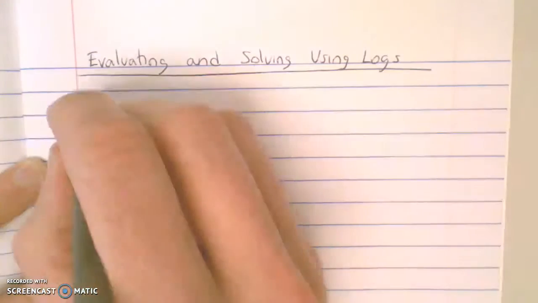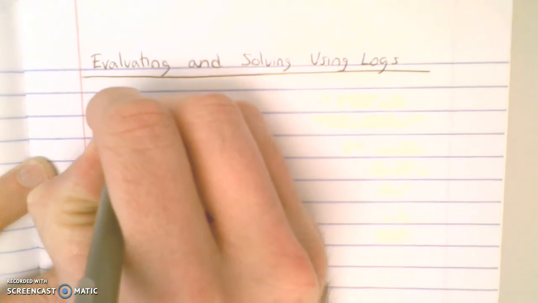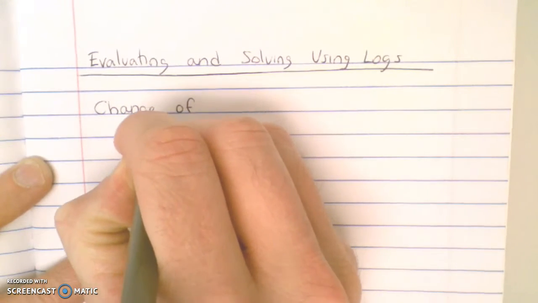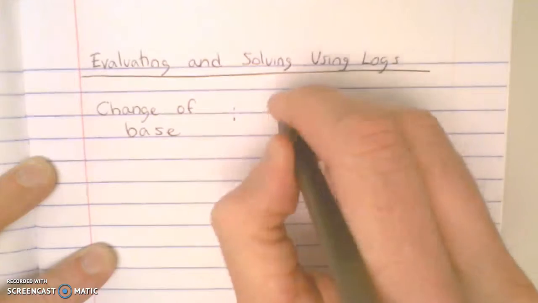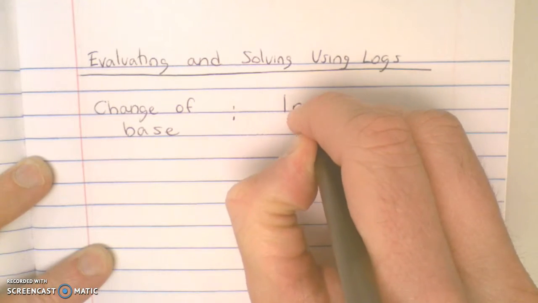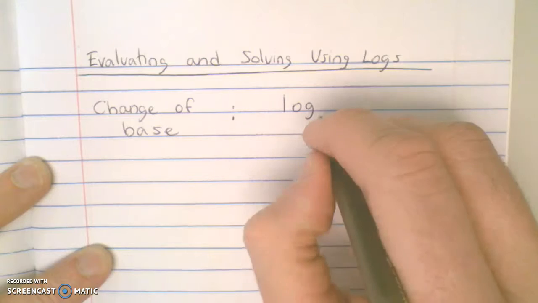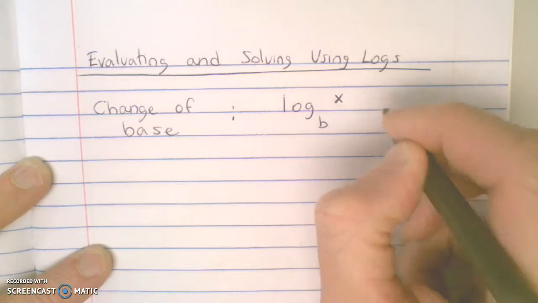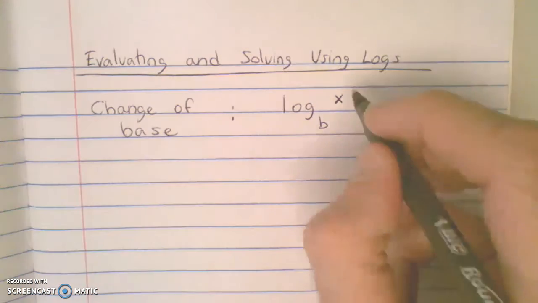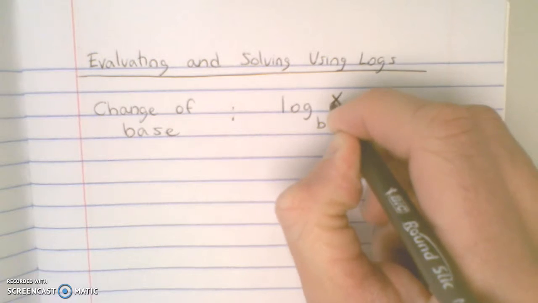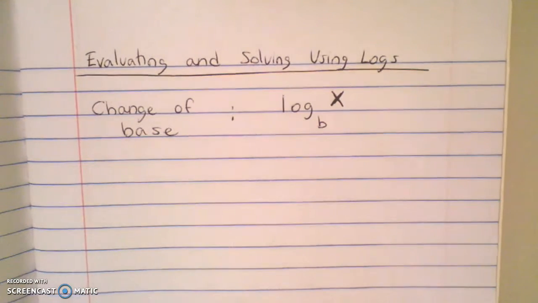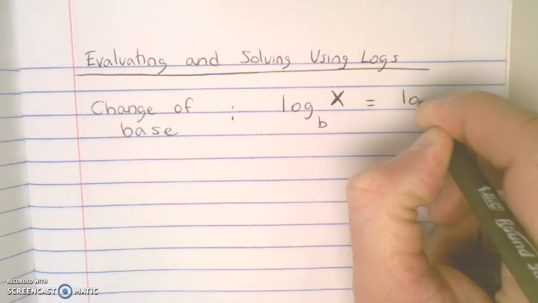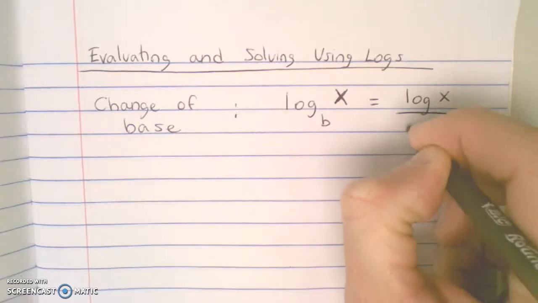All right, so there's a formula called change of base, which we use when we're dealing with logs. So it says that if you have a log in this form, and I'm going to use letters, log base b of x, I can rewrite this to evaluate it by taking the log of x over the log of b.